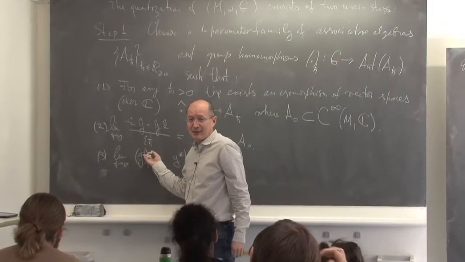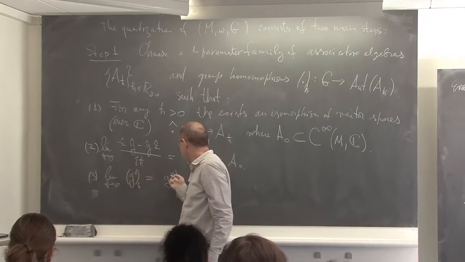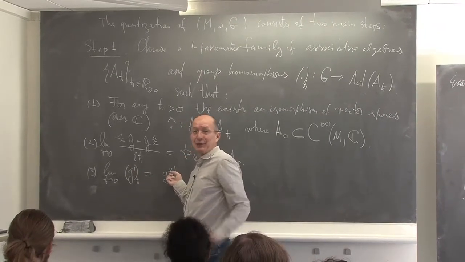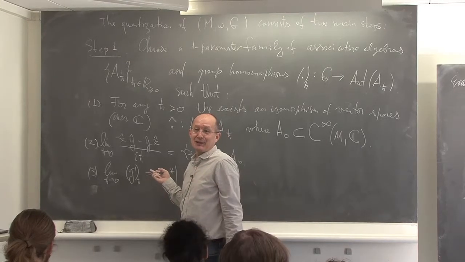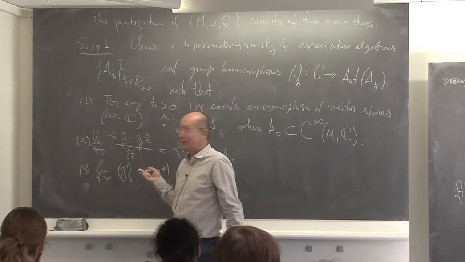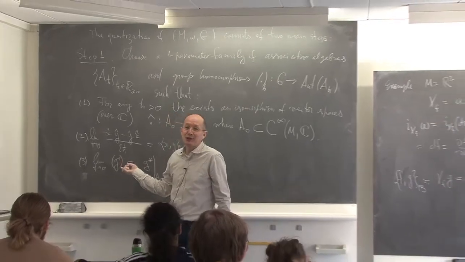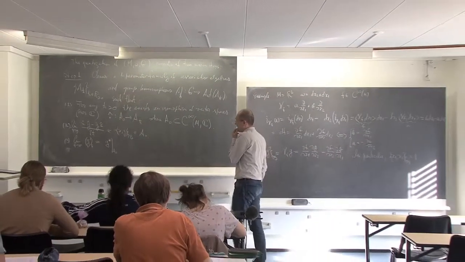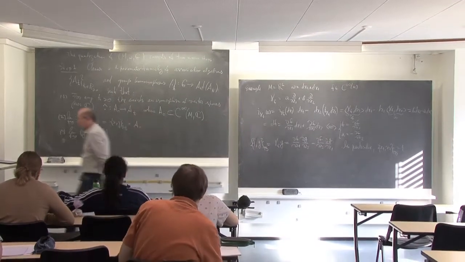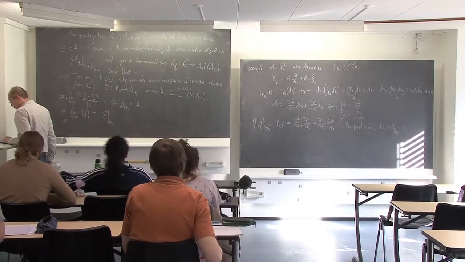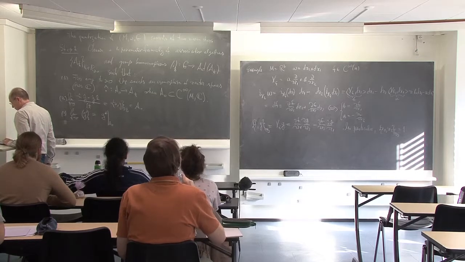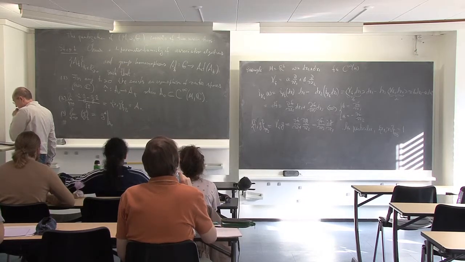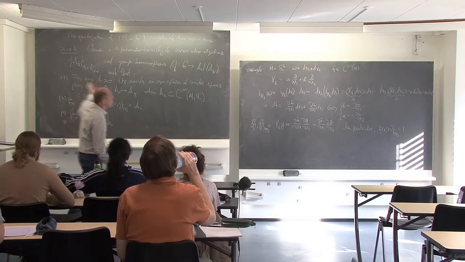I don't like this inverse myself, but this star reverses the arrows, so that's why we need to reverse the arrows here. Okay, so that's a condition for this family of algebras.